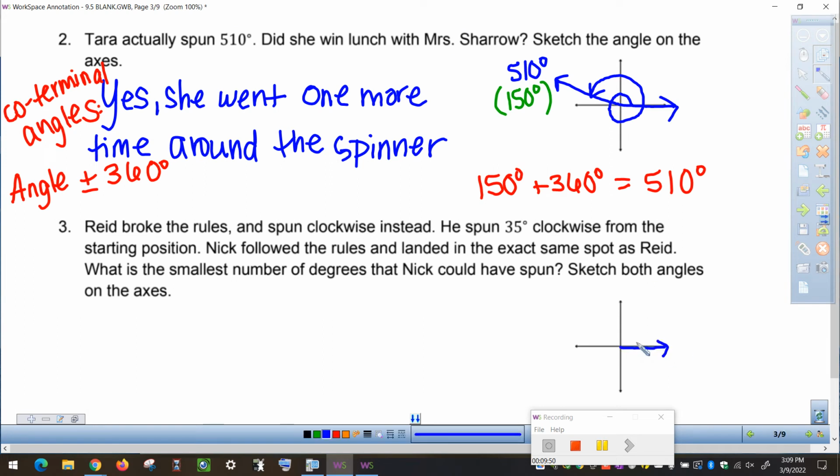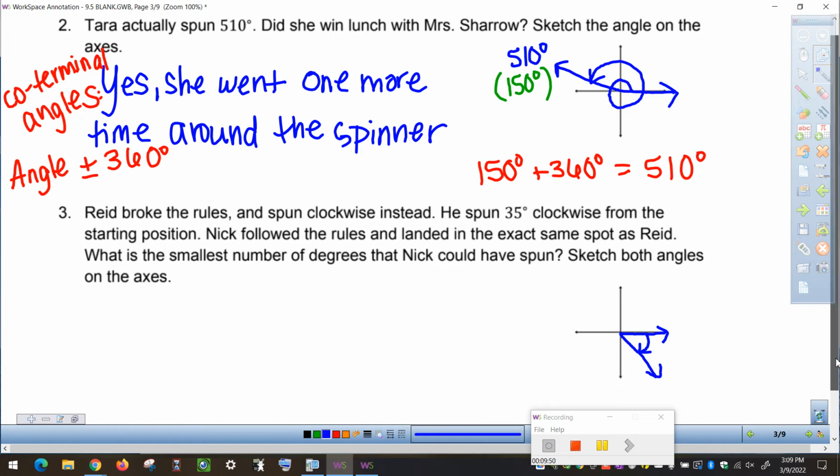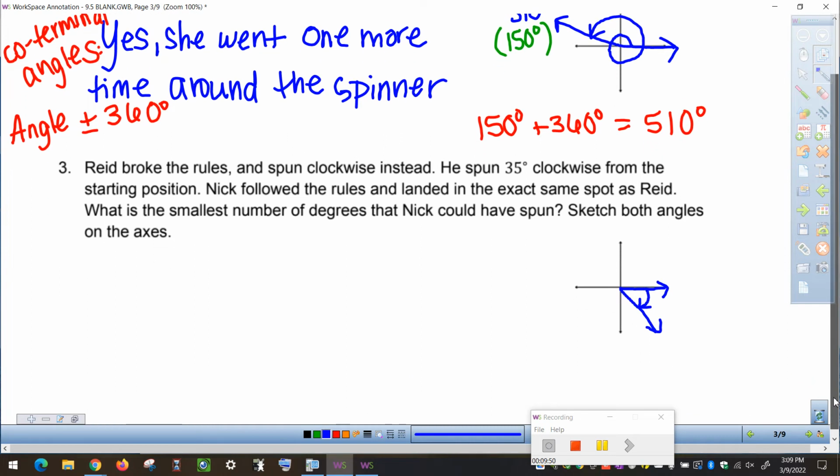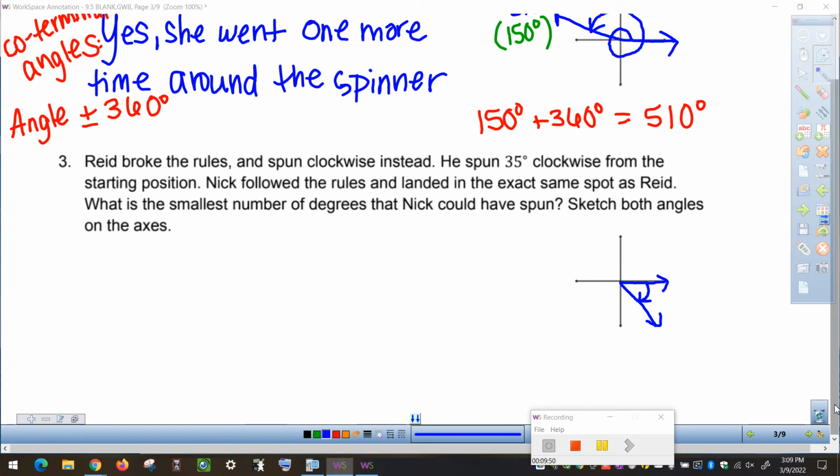So the first angle, the one from Reed, ends up looking something like this. Now, all of our spins, all of our angles up until this point, have always gone in the counterclockwise direction. And notice that we label them with a positive angle.